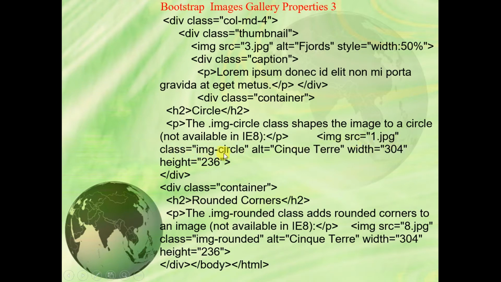In this image, class img-circle, you must call this. Okay, alt is also a property and you can give width and height, then it will be completely done. See how to do this. First we will create a class container.